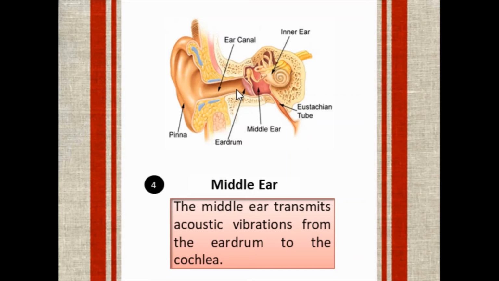When it reaches the middle ear, it interprets the vibration and then transmits it to the eardrum, from the eardrum towards the cochlea. Okay, everybody, again, please say middle ear. Okay, good job.